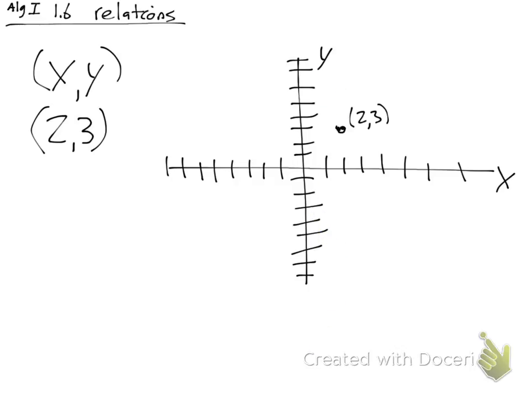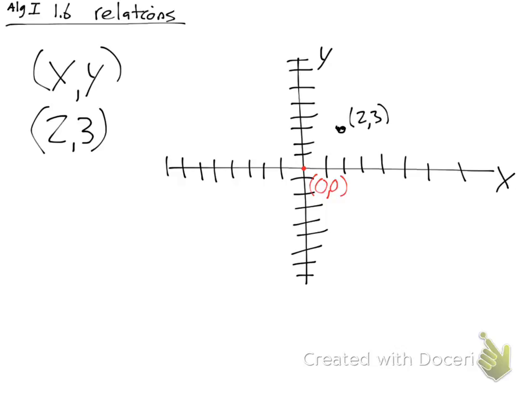Now, there is actually one special point that we name. What are the coordinates of that red dot? 0, 0. We call that, it's 0, 0, but what do we call it? Do we remember? It starts with an O. Origin. It is the origin.